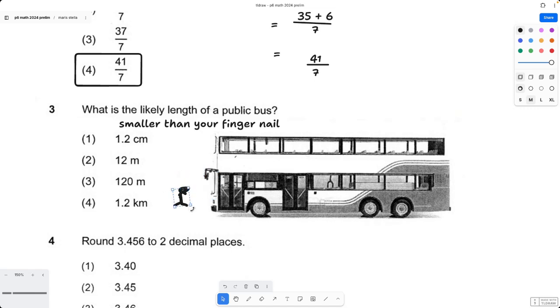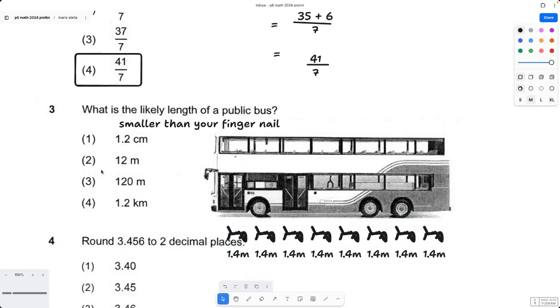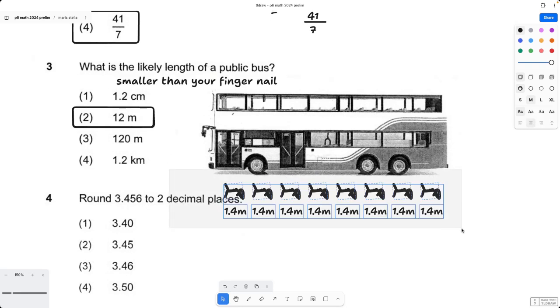So this is roughly your height, maybe 1.4 meters. And if I were to just multiply this, roughly around 10 of you, that means it's around 12 meters. So there you go, 12 meters.